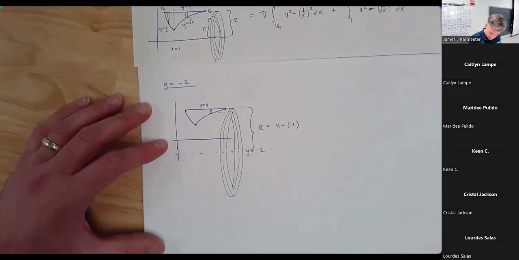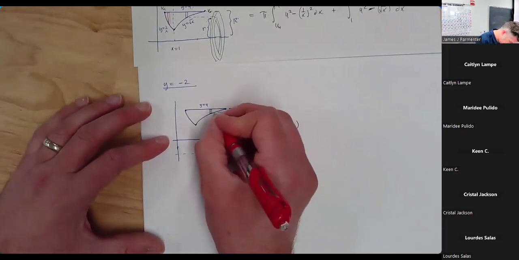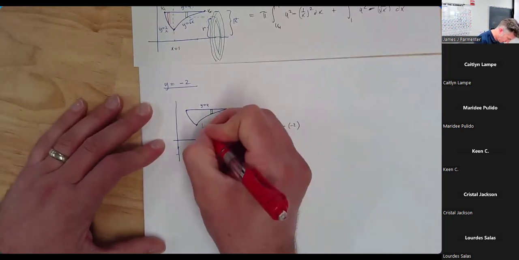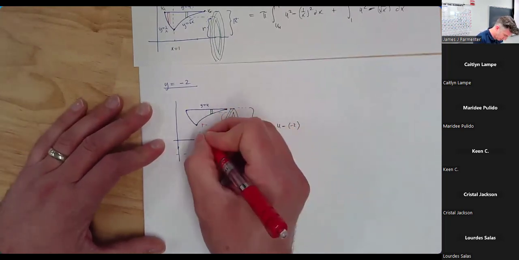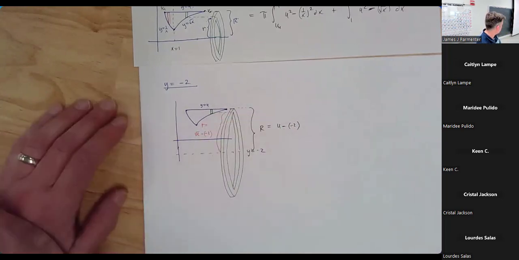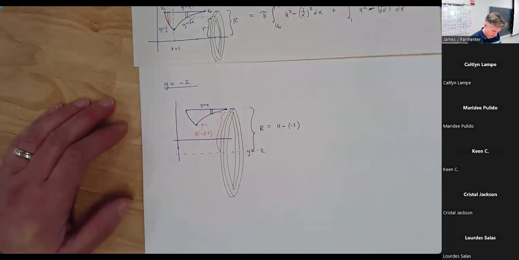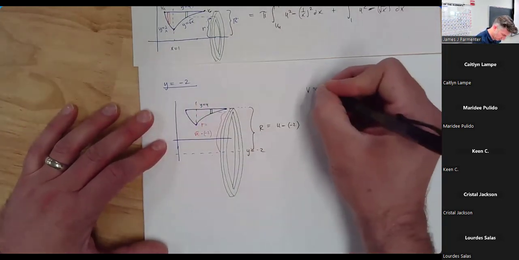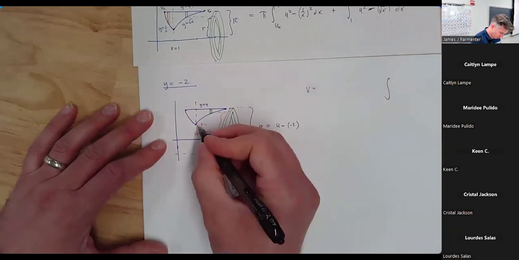And the inner radius here, which I drew kind of terribly, is going to be the closer function, square root of x, minus the axis of rotation, -2.